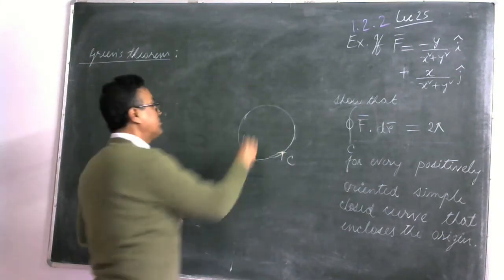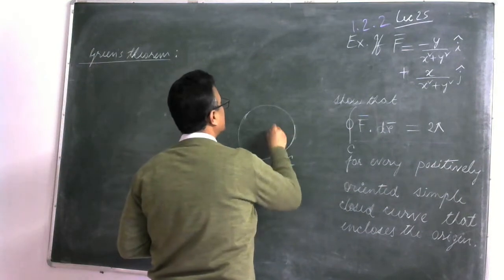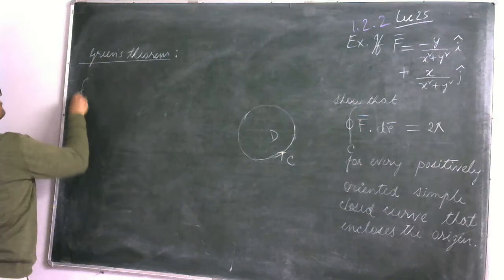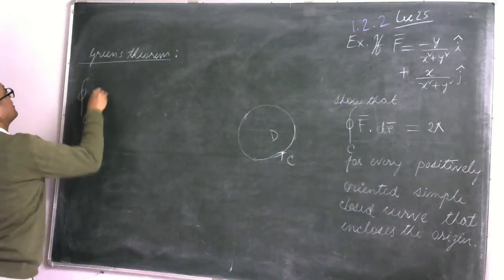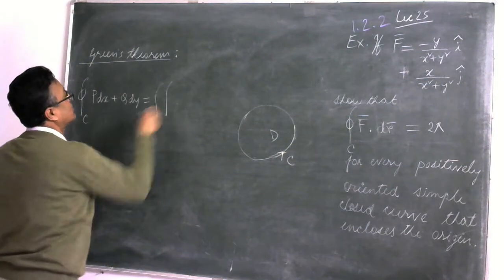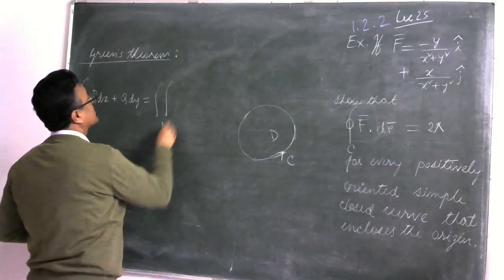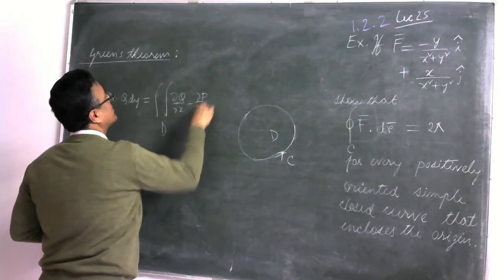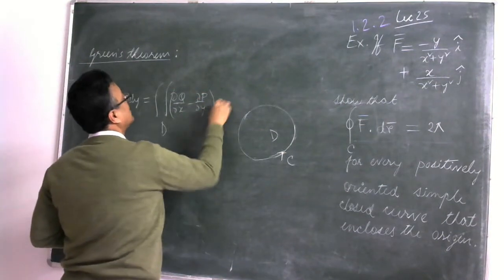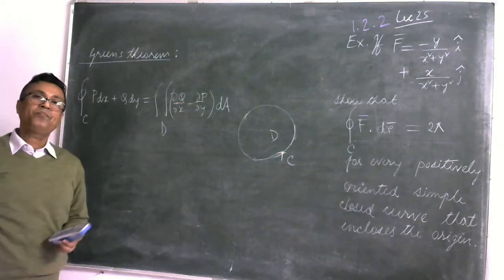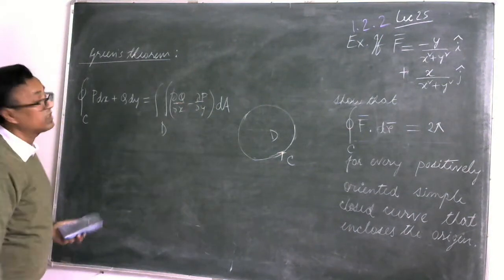If it encloses a region D, then Green's theorem tells you that the integral of P dx plus Q dy is given by the double integral of del Q del x minus del P del y, dA. So basically, a line integral is converted into a double integral.